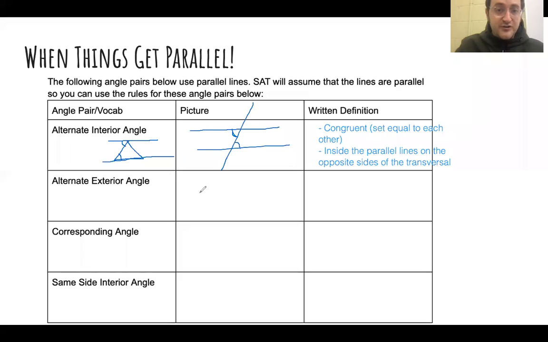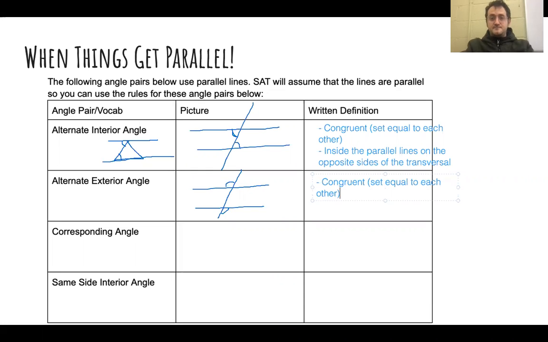The alternate exterior is the same idea as alternate interior, except we are looking outside of the parallel lines. So the written definition is almost the same, still congruent, and then instead of inside, I'm going to say outside the parallel lines on the opposite sides of the transversal.